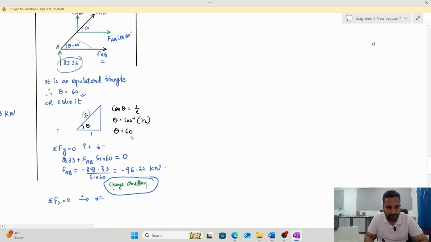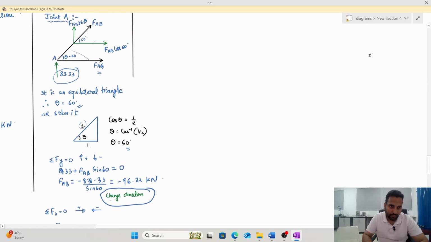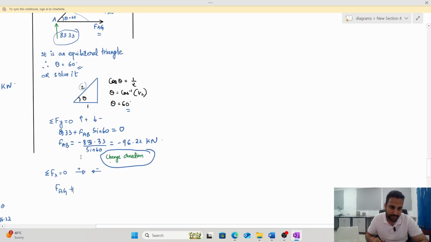Now you also need to find FAG. To find FAG, I will do forces in x direction equals to 0. So I will take FAG going towards right as plus, and then this component is FAB cos 60, and FAB is negative. So I will write it down: FAG plus FAB cos 60 is equal to 0. So my FAG is equal to negative FAB cos 60.